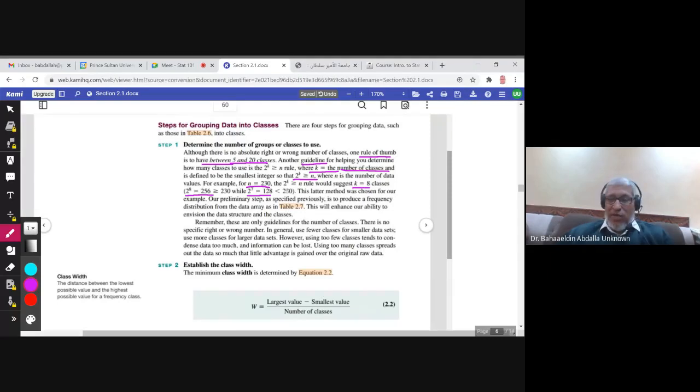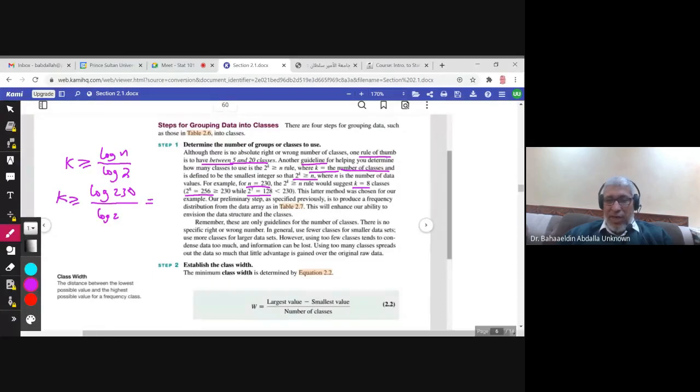You can use logarithms if you like. If you apply log to both sides, k should be greater than or equal to log n over log 2, and you can use log or ln. For example, in this question, k should be greater than or equal to log 230 over log 2, since n is 230 and the 2 is always there.